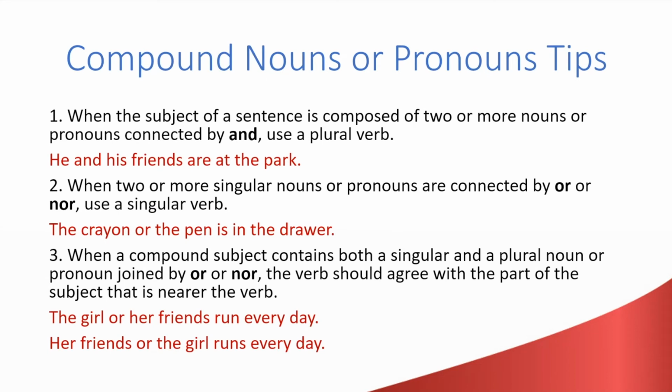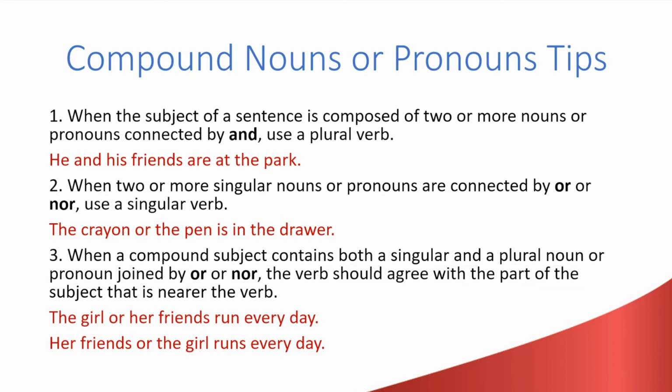Okay, so here's some noun or pronoun tips that I thought I would throw in there for everyone. When the subject of a sentence is composed of two or more nouns or pronouns connected by and, use a plural verb. So for example, he and his friends are at the park. Or when two or more singular nouns or pronouns are connected by or nor, use a singular verb.